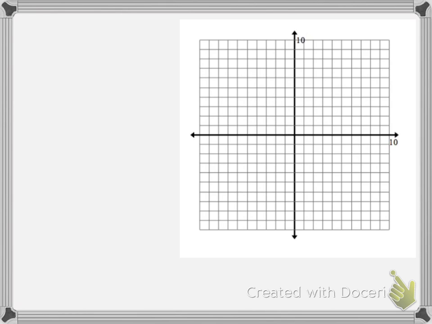Okay. So let's start with a couple of graphs. We're going to look at f of x equals 2 to the x, and we're just going to graph it real quick.